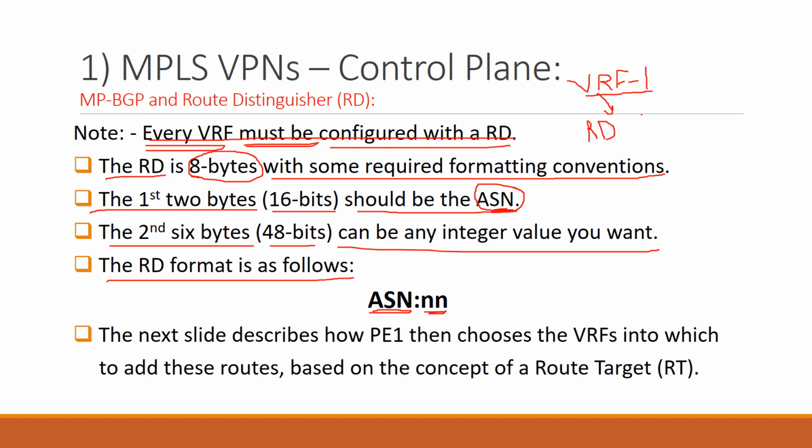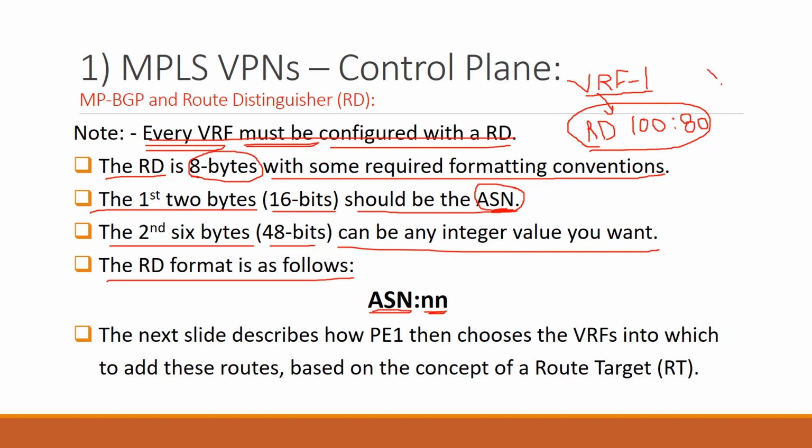VRF1 belongs to customer 1 or enterprise 1, so the autonomous system used by enterprise 1 is 100. We write the colon, and we will use any integer value, whatever you want. Let's say 80. So this route distinguisher will be used to allow BGP to distinguish between duplicate IPv4 prefixes.